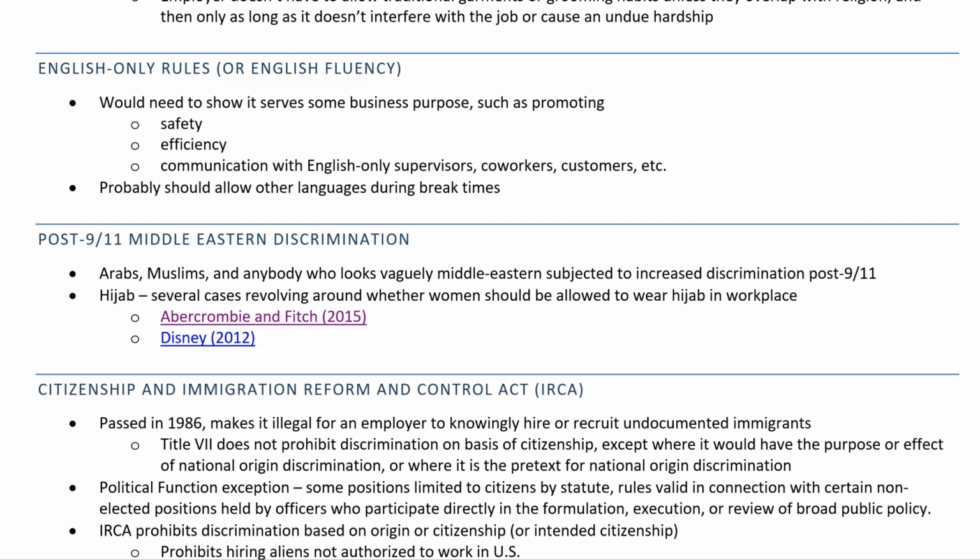But it gets a little trickier, and gets me a little bit more trouble possibly, if I start enforcing it when employees are on break times, like at lunch in the lunchroom, and I hear somebody talking in their native language, and then I go in and try to tell them they can only speak English. That's the kind of thing where it could potentially get me in trouble as an employer, so I'm going to try to avoid that.